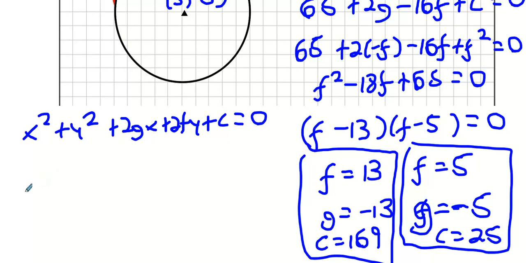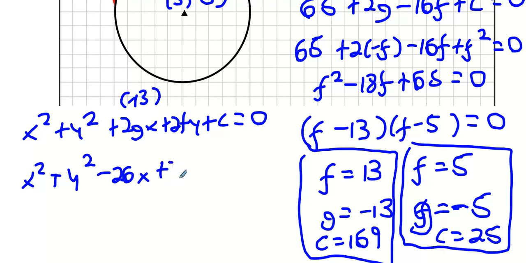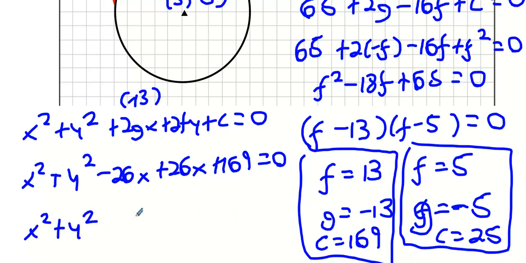It's going to be x squared plus y squared plus 2gx, so minus 26x because I'm using -13, that's the first one, then 2fy, so plus 26y, and a c value of 169. Then the second one's going to be x squared plus y squared, minus 10x, plus 10y, and a c value of 25, and that equals 0.